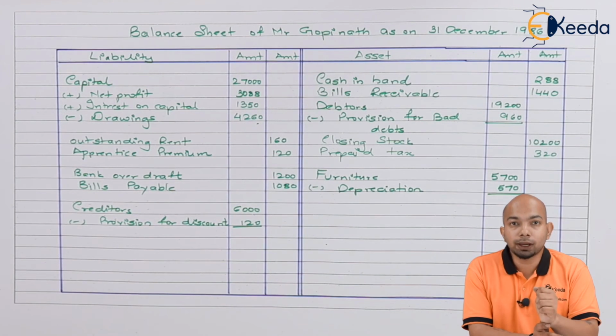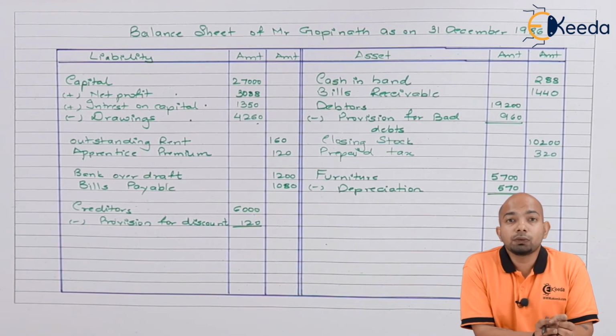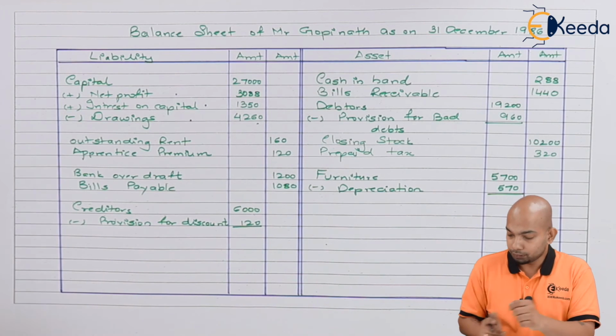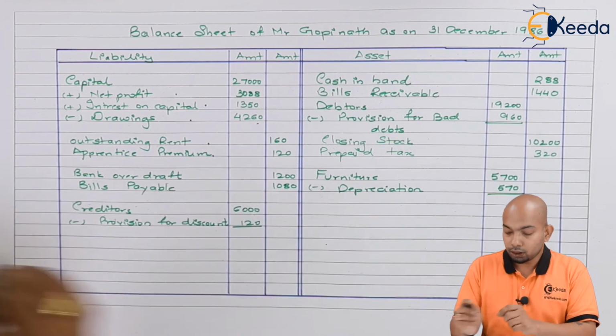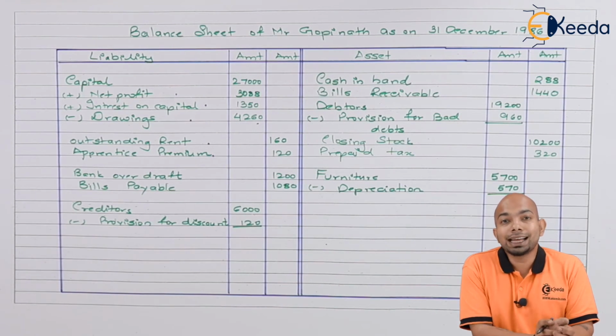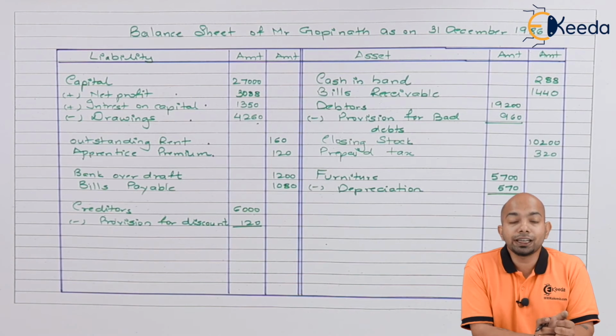Let's go with the first one. There was an interest on capital which was mentioned in this specific sum, which has been added. Apart from that, net profit has been added there and drawings has been subtracted from it. Outstanding rent and outstanding apprentice premium were termed as liabilities, hence they have been mentioned as a dual effect on this specific liability side.